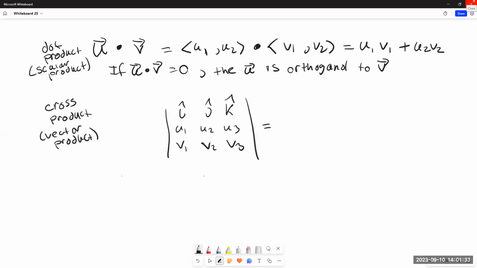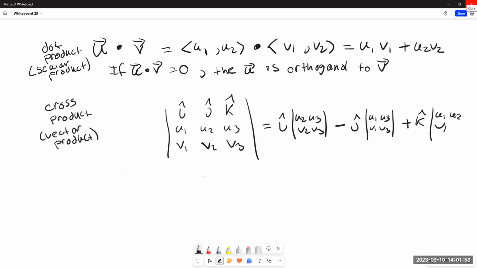But I'm going to expand on row 1 here, which is vector i, and then this is u2, u3, v2, v3. Then this is going to be a minus j times u1, u3, v1, v3 plus k times u1, u2, v1, v2.